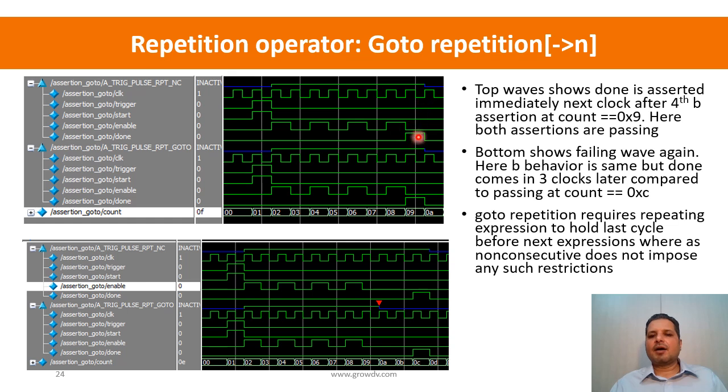So even if it comes over here it is fine, even if it comes after n number of clock cycles it is still fine. That is the difference between non-consecutive versus go to repetition.